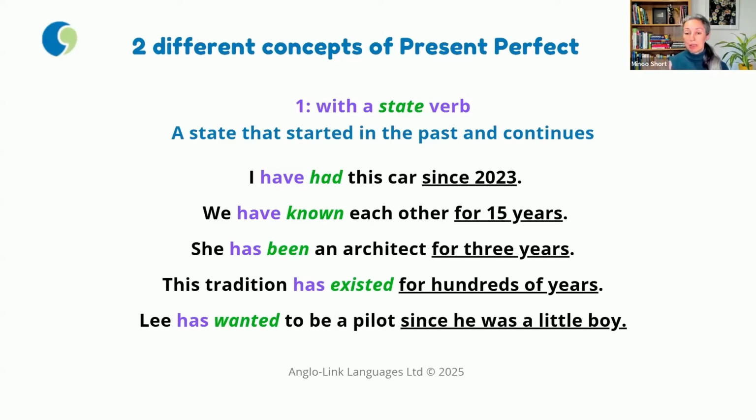She has been an architect for 3 years. This tradition has existed for hundreds of years. Lee has wanted to be a pilot since he was a little boy. So states, situations that continue. But the form is present perfect simple because we can't use the continuous with state verbs.